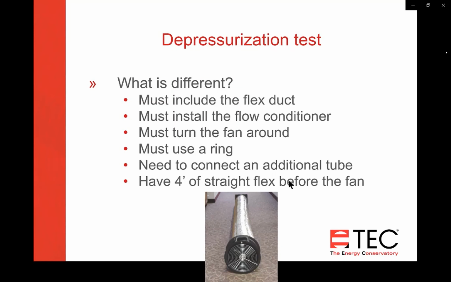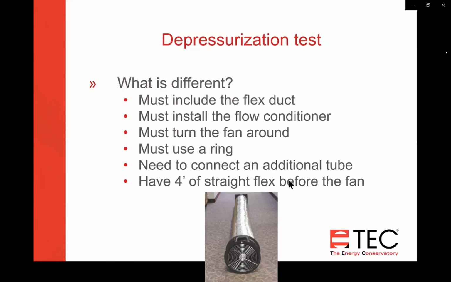All of these things are being done to straighten out the airflow before it goes across the flow sensor. The flex duct is 12 feet long, but the 4 feet directly before the fan needs to be straight, and pulled tight as much as possible, to help straighten out that airflow. So you've got 4 feet of straight flex duct before the air hits the fan.